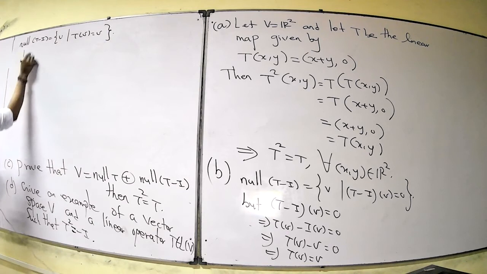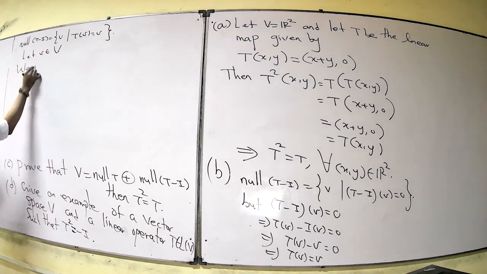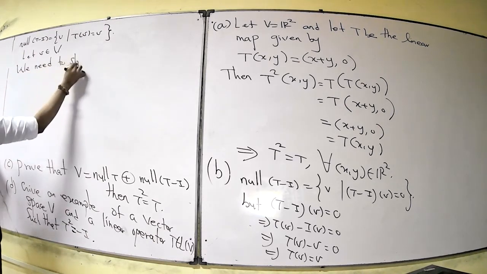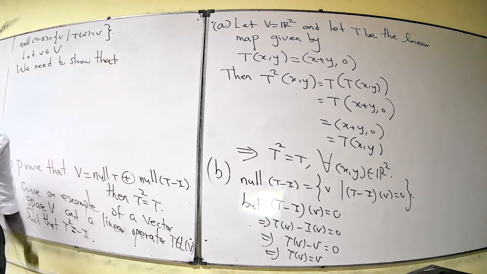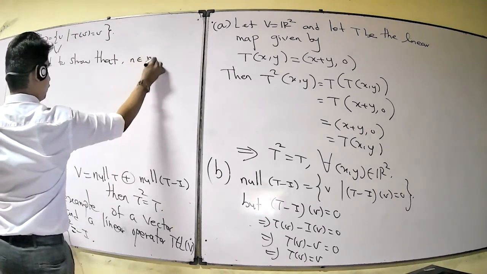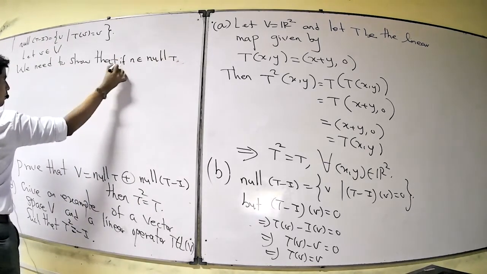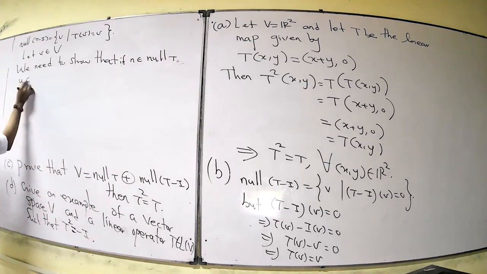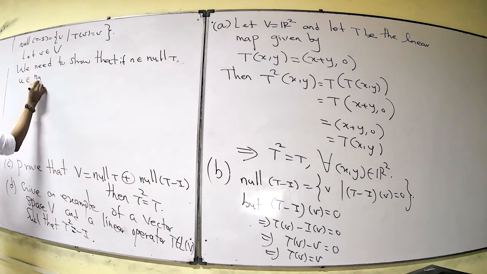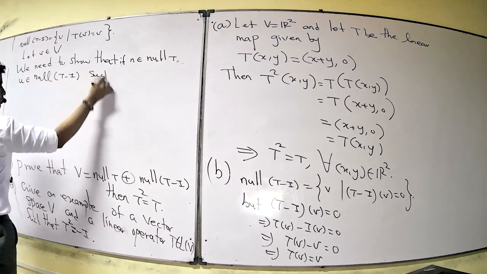Let you take the small b belonging to capital B. We need to show that if you take n belonging to null of T and u belonging to null of T minus I, such that... what is the thing you want to show?